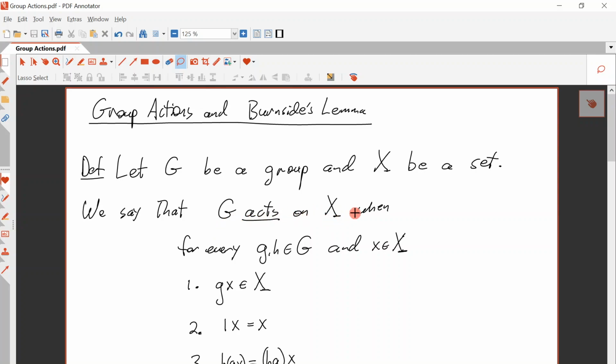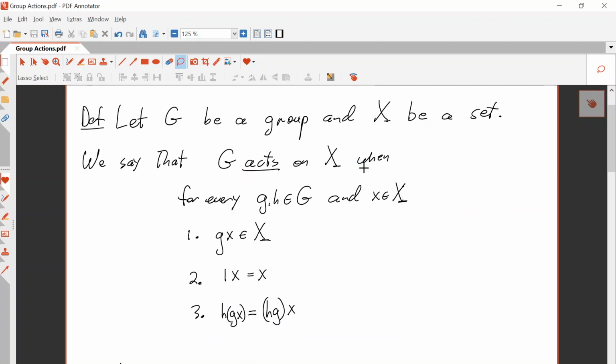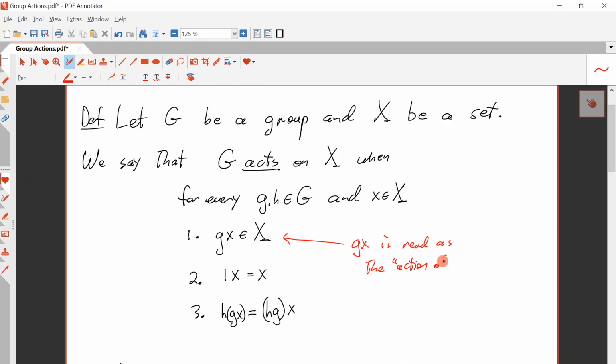Acts on X when, for every g and h in G and element little x in big X, this right here, Gx, means the action of g on x. It's not g times x. Gx is read as the action of g on x.